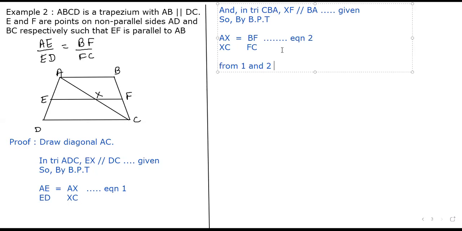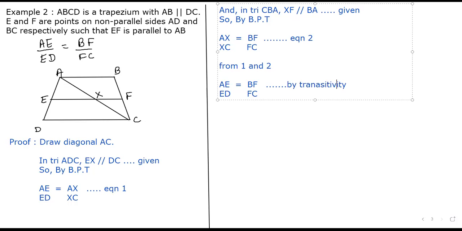So from 1 and 2, both are equal to AX upon XC. So AE upon ED thus becomes equal to BF upon FC. You know, children, what the reason for this is called? There is a word for it. It is called by transitivity. What is transitivity?